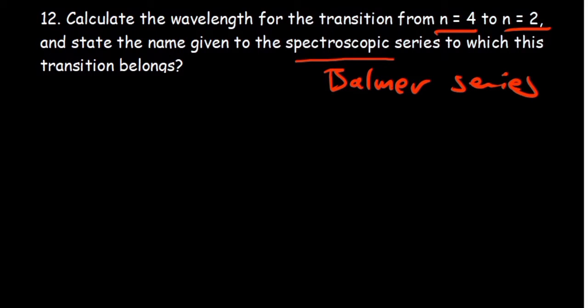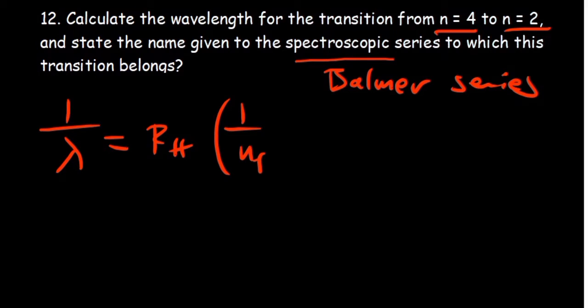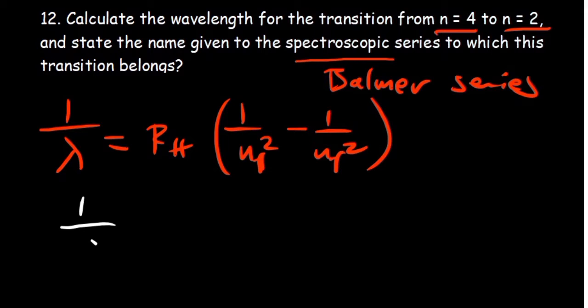So calculate the wavelength for the transition. This gets us to Rydberg's constant, where 1 over the wavelength is the Rydberg constant multiplied by 1 over n1 squared minus 1 over n2 squared. The constant is in per centimeter, which is 109,677.